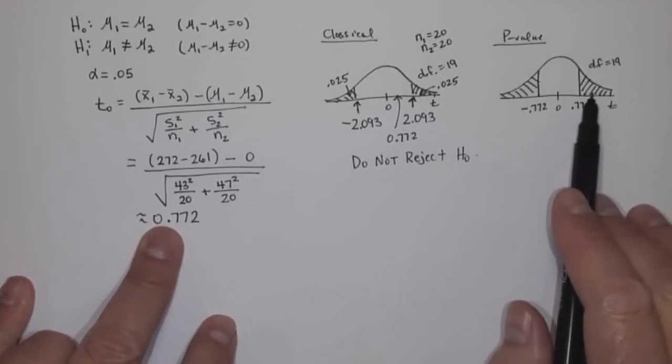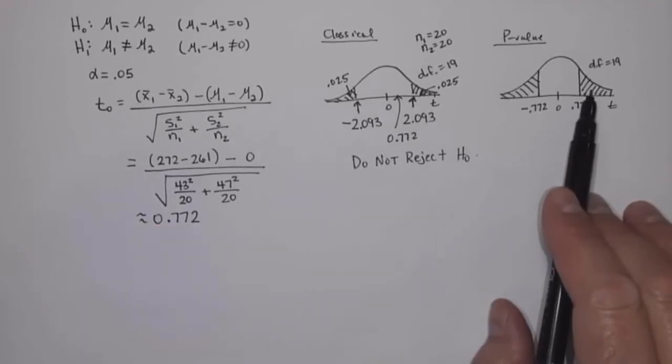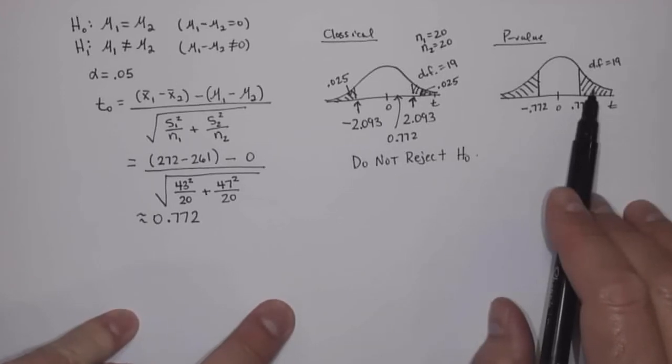So how do I go about figuring out what the area is in this tail? Well, I can approximate it using student's t-table from the back of the book, or I can use the tcdf command on my calculator, or I can use the t-calculator in StatCrunch. I'm going to use the tcdf command on my calculator.